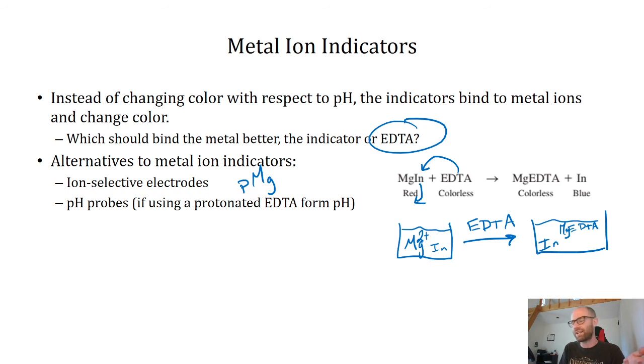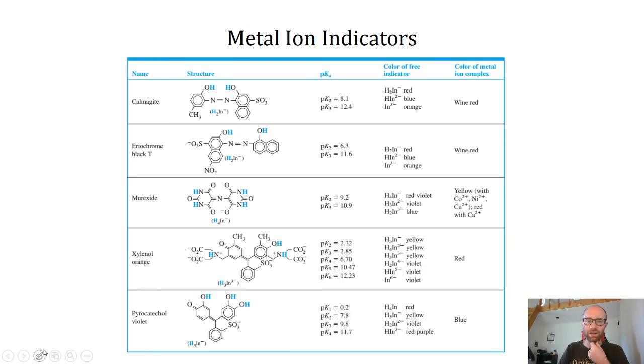The only difference is, obviously, it wouldn't be centered on 7, but I'm getting ahead of myself in terms of the actual math. You could use a pH probe if you are using a slightly protonated form of EDTA. There's ways to get around that. Your book gets into it more. I'm not going to spend too much energy talking about it.